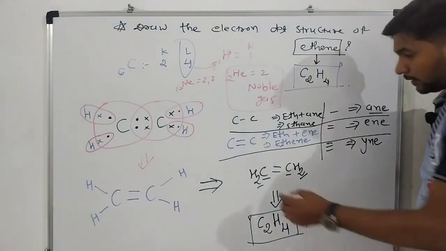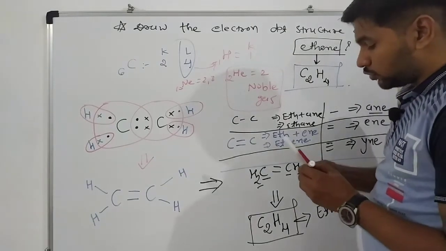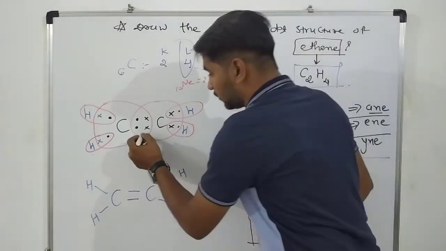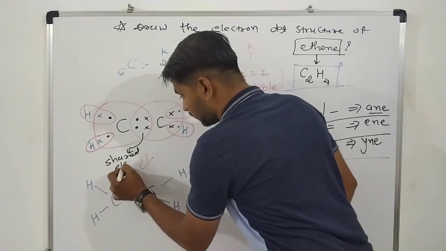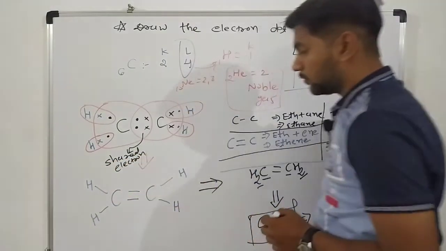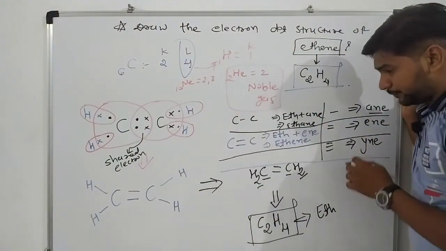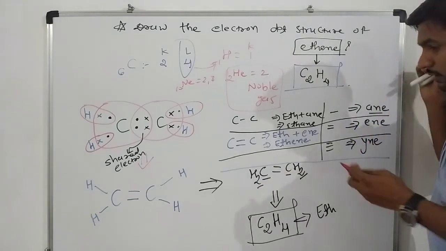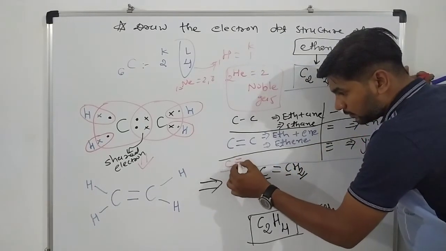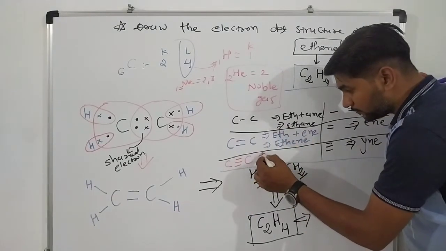Okay, and if carbon carbon have a triple bond, here also we can write the shared electrons. Okay, here it is easy. If carbon carbon form a triple bond, then what happens?